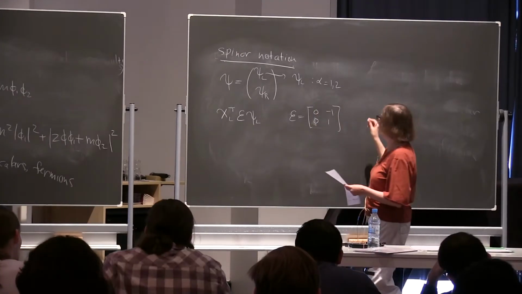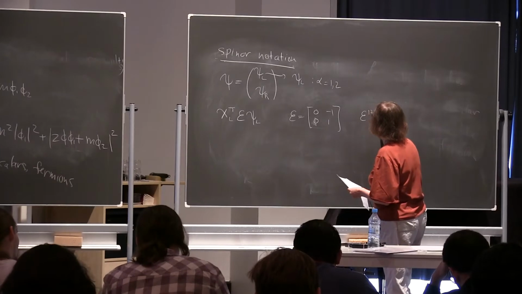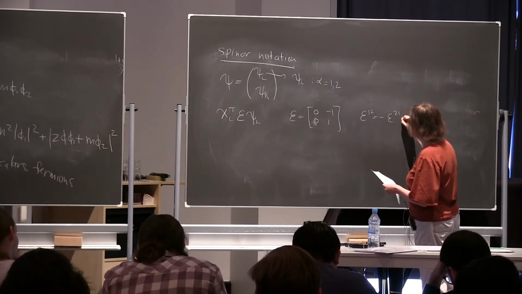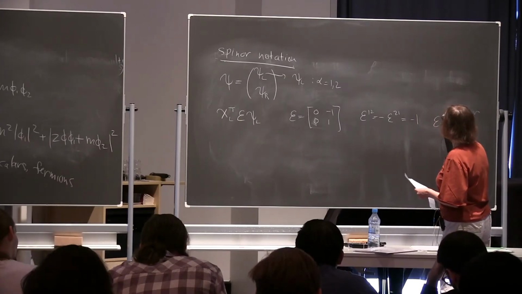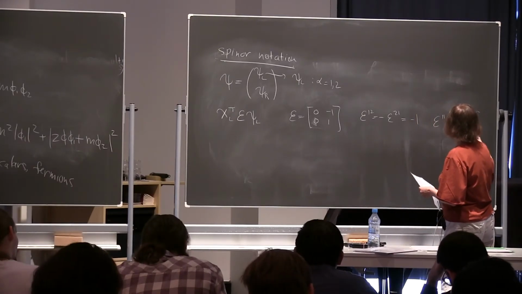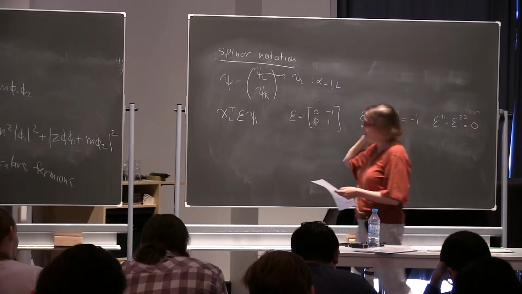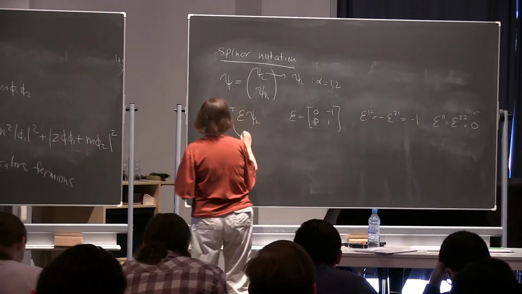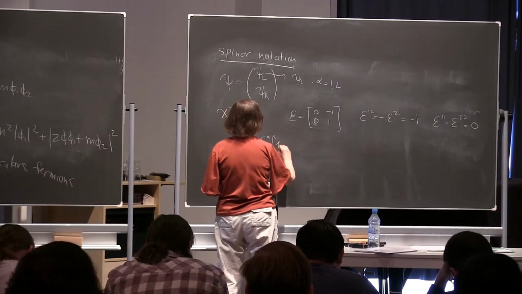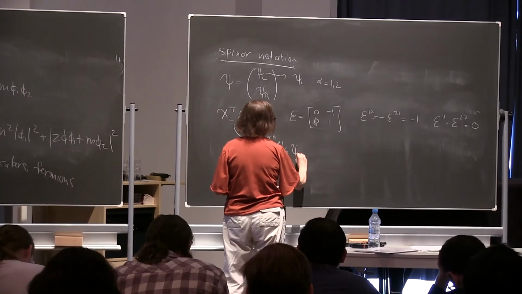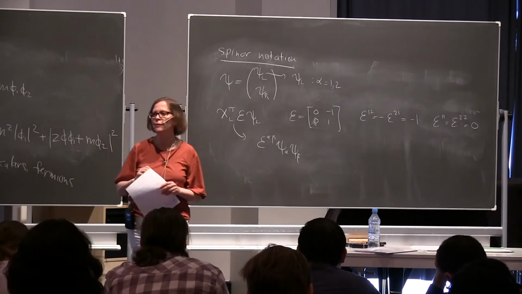So I can now define epsilon 1,2 equals minus epsilon 2,1 equals -1, and epsilon 1,1 equals epsilon 2,2 equals 0. And then instead of writing this guy, we can just write epsilon alpha beta, psi alpha, psi beta.